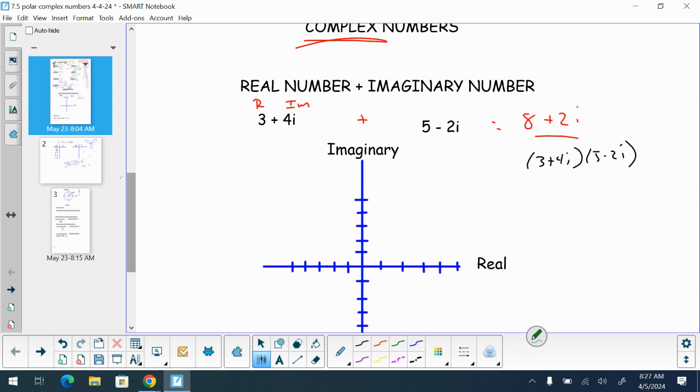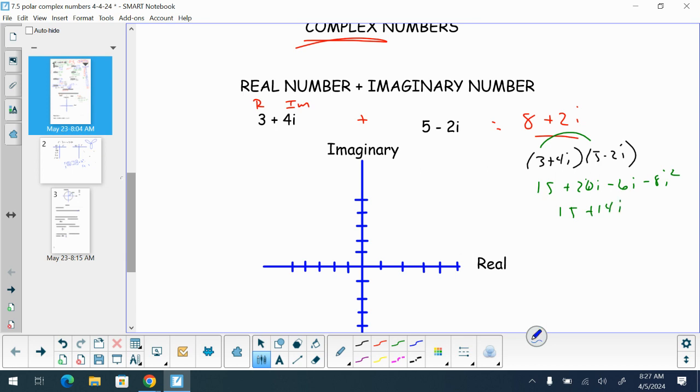So we would have 15 plus 20i, minus 6i, and then minus 8i squared. So we'd have 15 plus 14i.